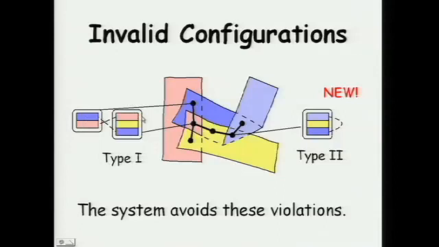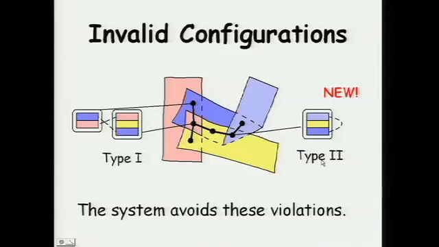This occurs at the location of a fault. If there is a fault, the light blue and blue ones should be connected in the layer structure, but if we have yellow between the two, then there is interpenetration here. So the system needs to avoid these type 1 and type 2 violations, and it searches for a valid combination, avoiding these invalid configurations.